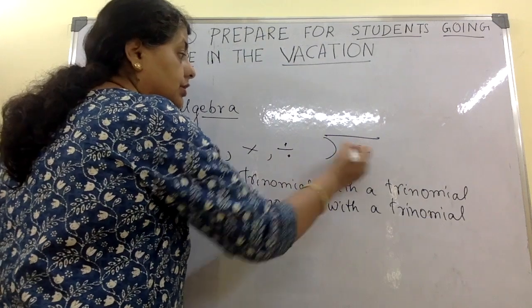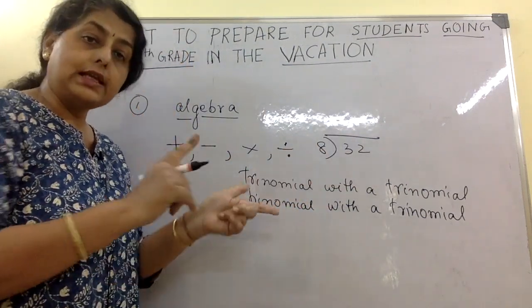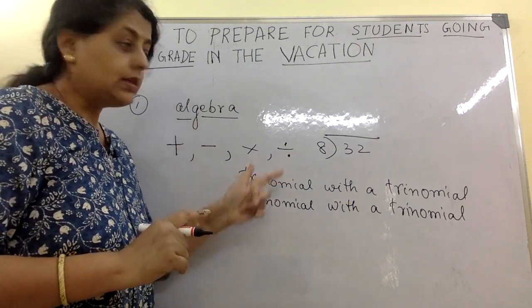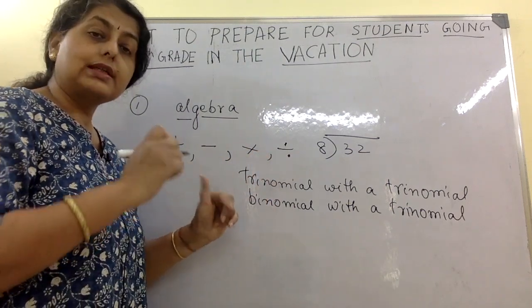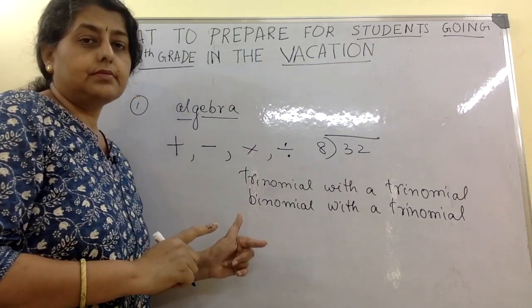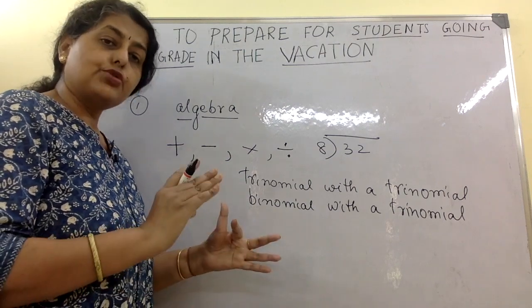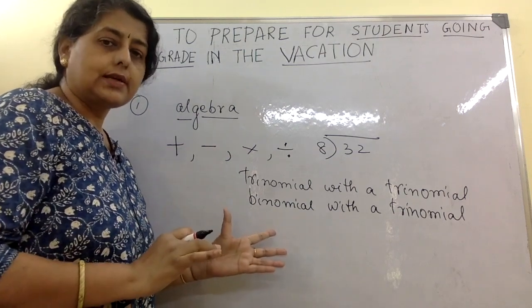You put the 32 here and the 8 here and you divide, right? Like that they are going to teach in algebra in 8th standard. So you should learn regular cancellation of divisions, which is actually taught till 7th. That much you should know before the school starts.